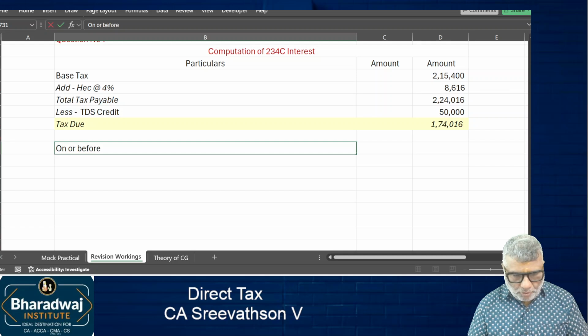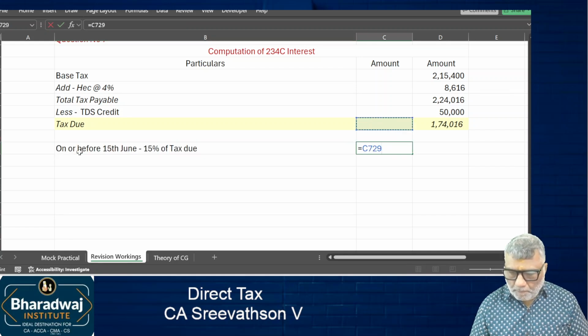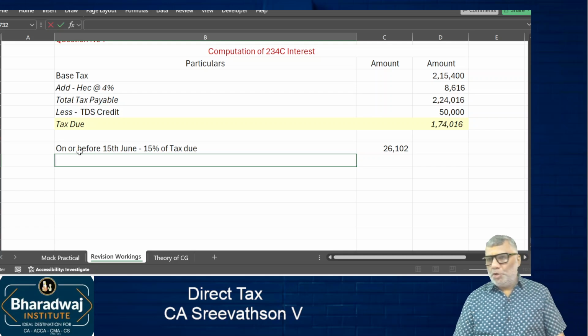On or before 15th June, 15% of tax due is 26,102.